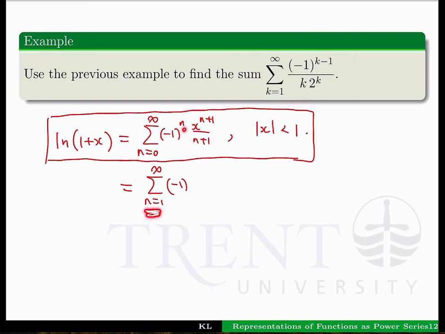So if we are starting with n equals 1, we have to subtract 1 from the exponent. We have here x to the n plus 1. The n starts with 0. The power of x will start with 0 plus 1, which is 1. Here, n already starts with 1. So we will just have x to the n. Similarly, for the denominator.